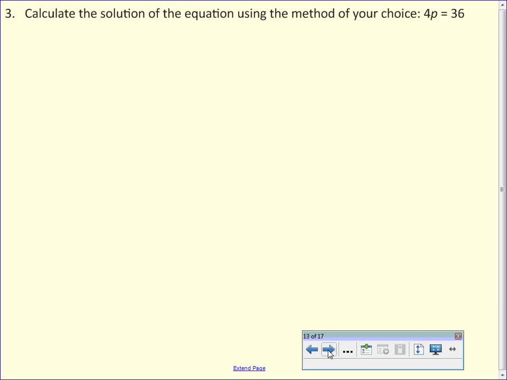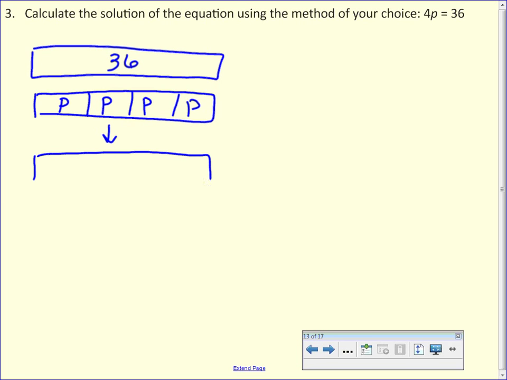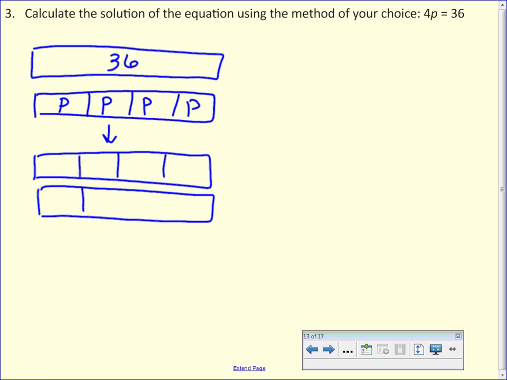Try one more. That I could do both before the bell rings. All right. So 36 and 4 p's. So now I'm going to take my 36 and break it into 4 sections. What's 36 divided by 4? 9.